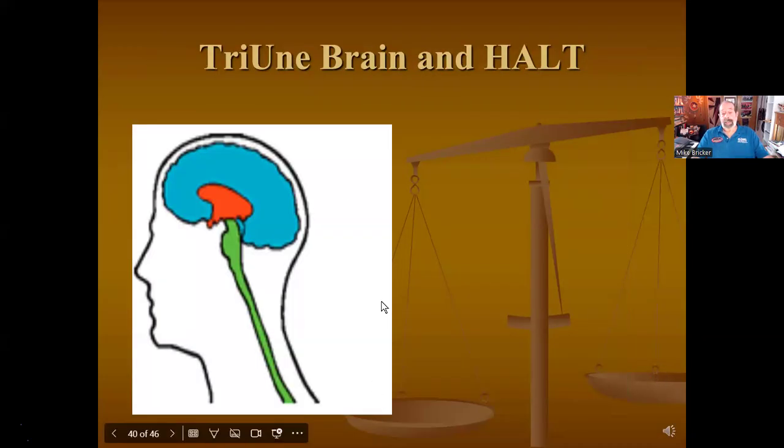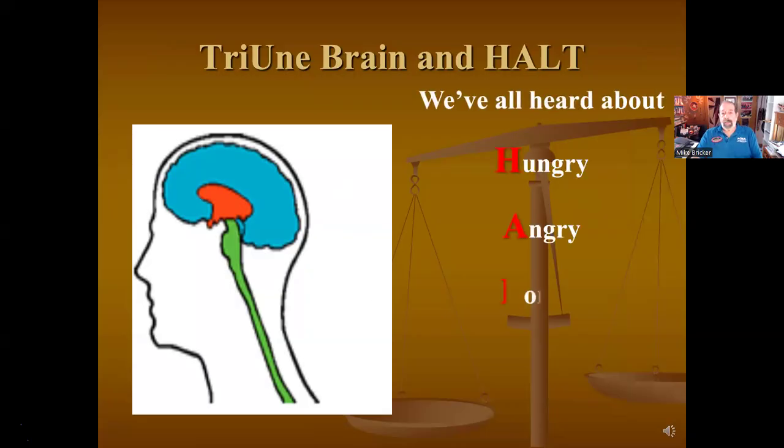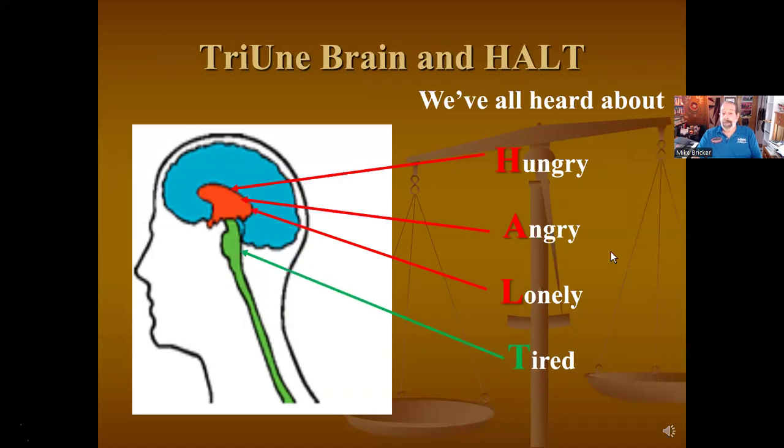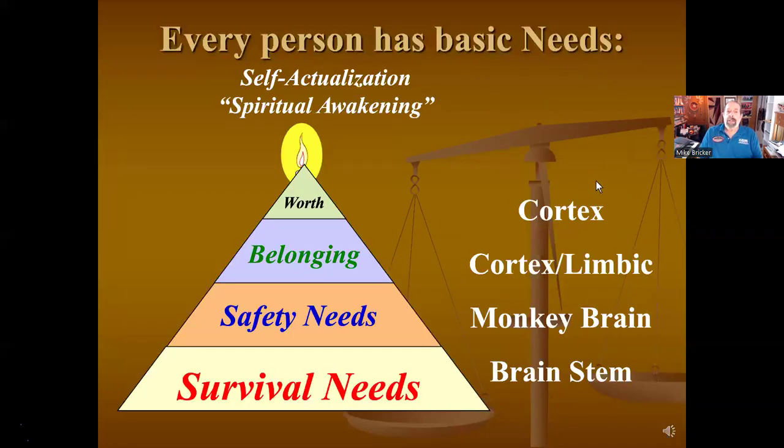Okay, another thing we've all heard. HALT, right? Hungry, angry, lonely, tired. Well, those relapse triggers all live in the brain. The first three have to do with the limbic system, the monkey brain, and the last one has to do with the brainstem. So we all know that every person has these basic needs for survival and for safety and to belong and to have a sense of worth.